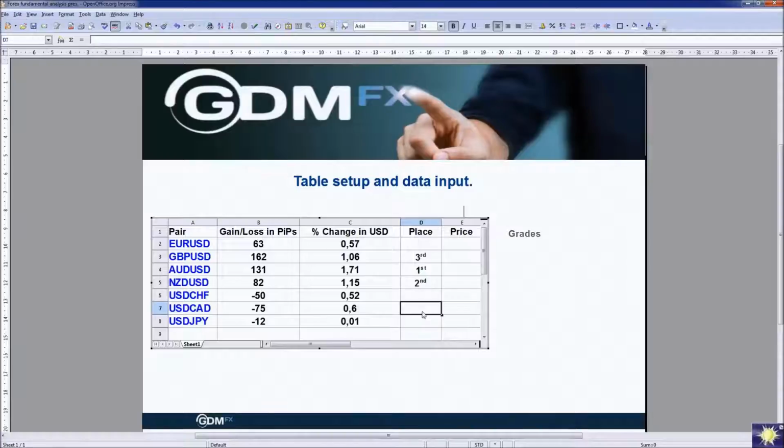The Canadian dollar gets the fourth place. Fifth place belongs to the euro. Sixth place goes to the Swiss franc. Seventh place goes to the JPY.